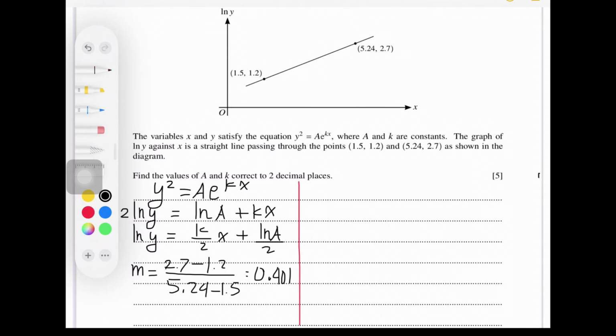So the value of k over 2 is equal to 0.401 because the gradient is k over 2, and k is equal to 0.80, correct to 2 decimal places.